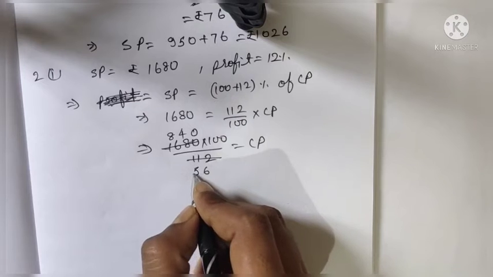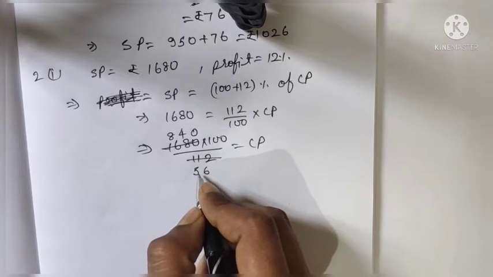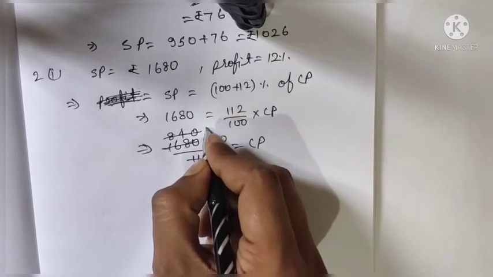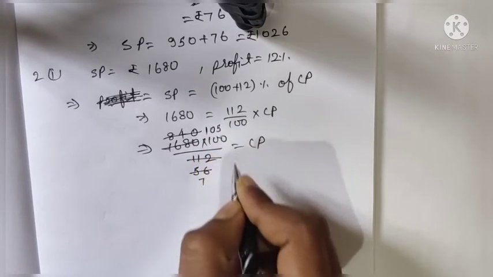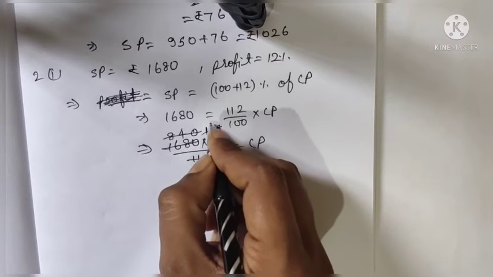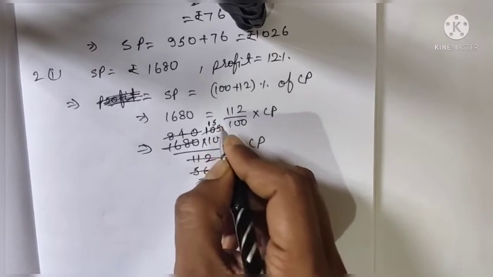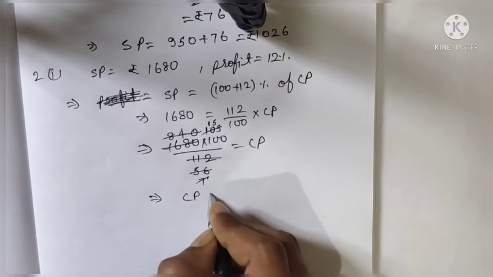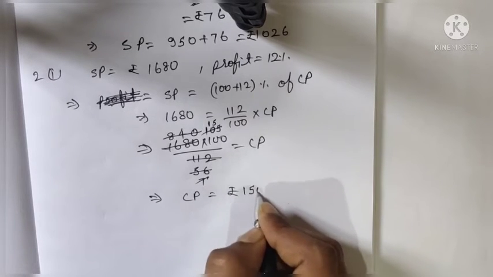Again from 2, or we can cut it from 8 as well. 8 7s are 56, 8 1s are 8, 8 5s are 40, and by cutting it from 7, it will be 7 1s are 7, 7 5s are 35, 15 into 10 becomes 1500. That implies CP is equal to rupees 1500.